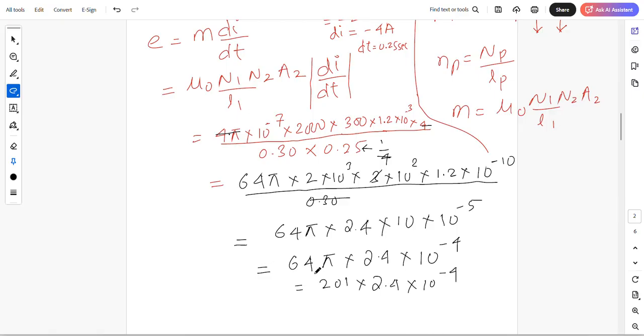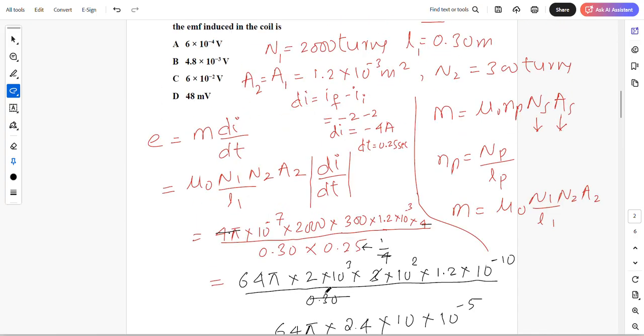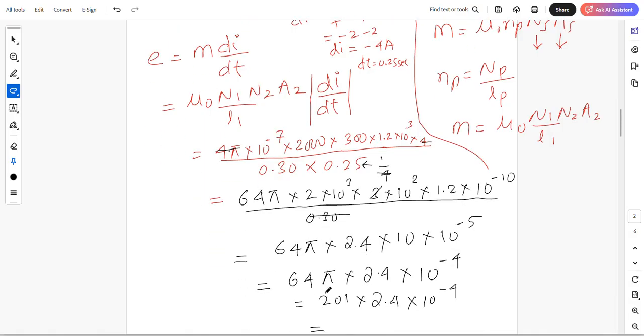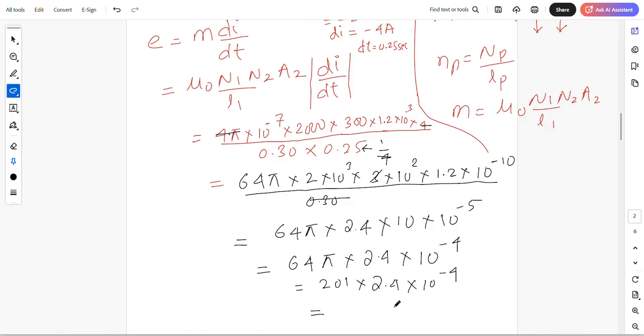Okay, now, this is 64 pi, how much does it come to? 201. Approximately how much is it coming? 2 into 2 is 4, which is the answer nearby to 4. Okay, that is 48. 201 into 2.4, how much?